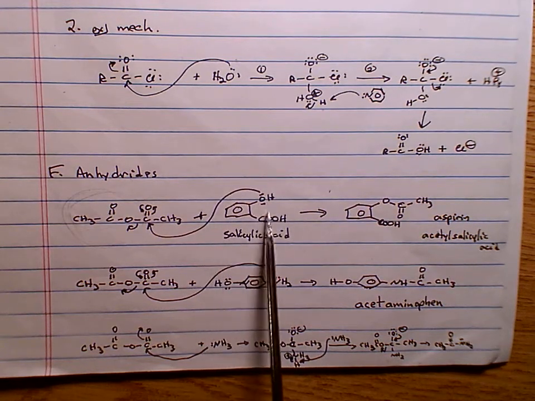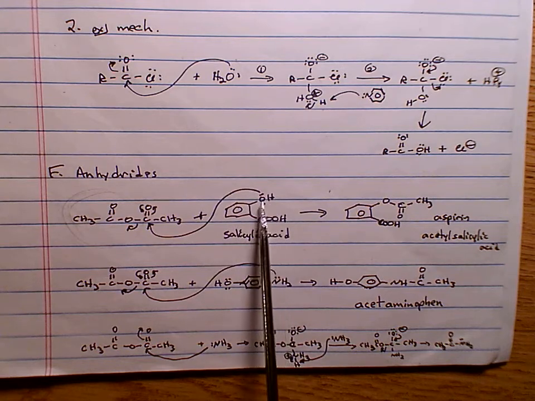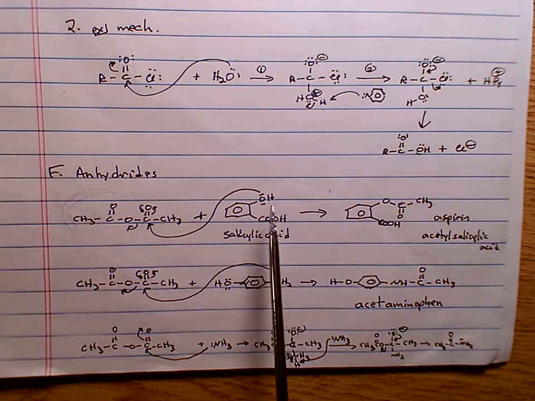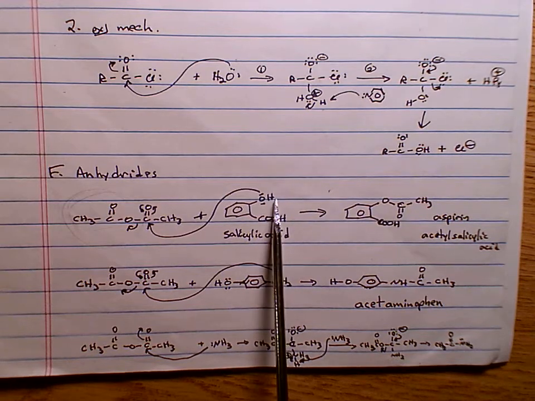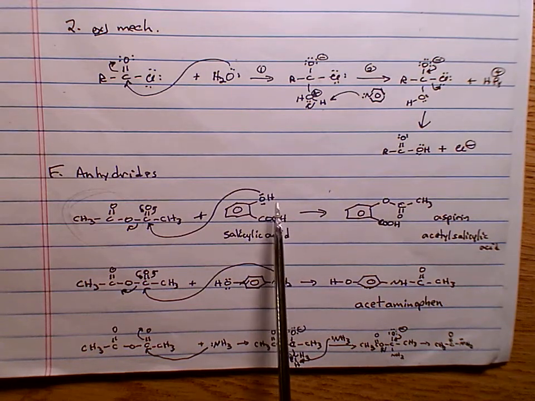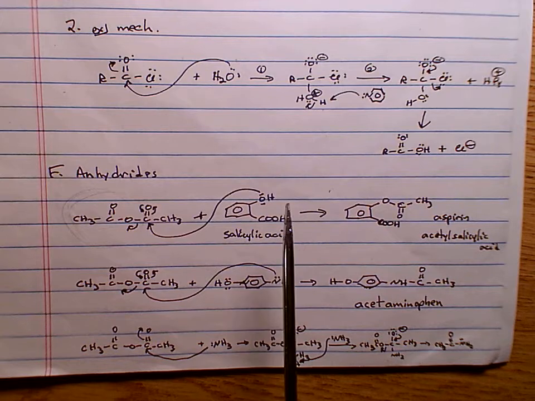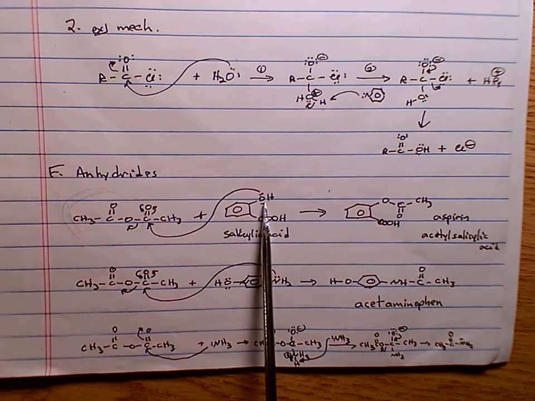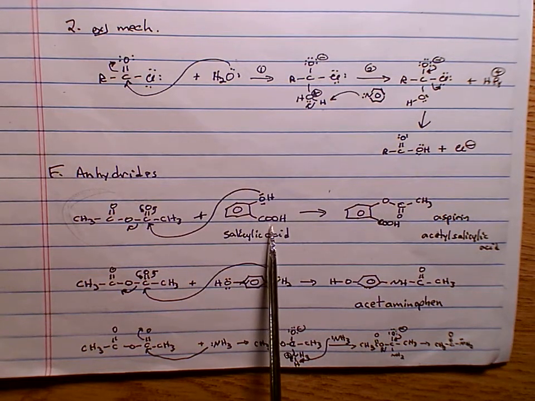We'll find out this is actually a pKa of about 10 because of the phenolic group here, but still, this hydrogen is not as acidic as the carboxylic acid hydrogen, which tells us this oxygen is more basic than these oxygens.